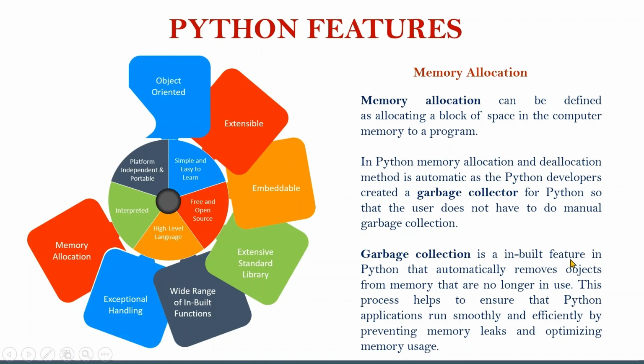Garbage collection is an inbuilt feature in Python that automatically removes objects from memory that are no longer in use. This process helps to ensure that Python applications run smoothly and efficiently by preventing memory leaks and optimizing memory usage. If you compare with the earlier programming language C++, pointers are available where we work with memory addresses. There you allocate the memory, but we generally forget to deallocate it. We need to write extra code, so we generally forget that.